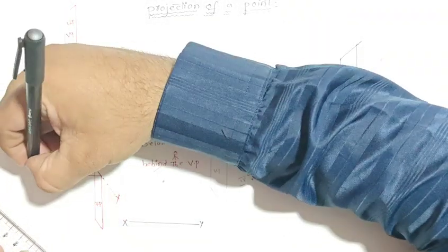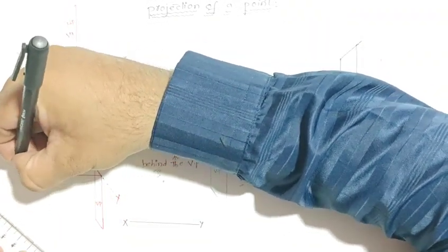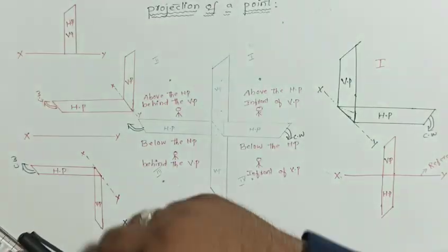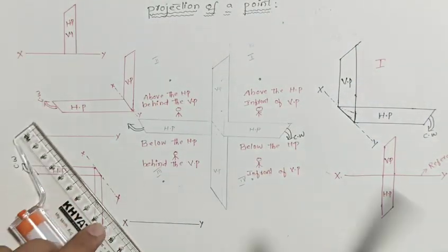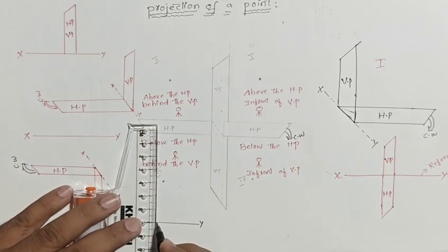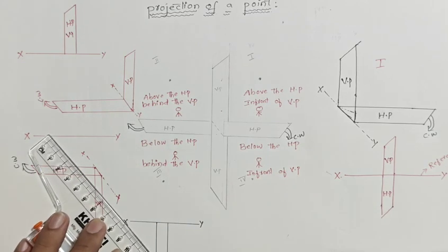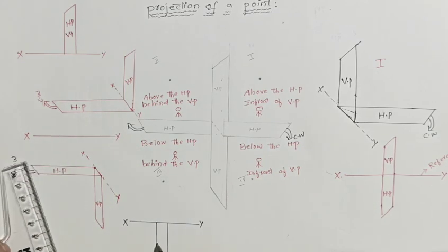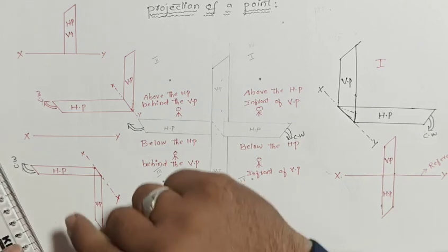Already I told you, this HP will rotate in which direction? Clockwise direction. So we can say that this HP is above the reference line. The VP remains the same. Who will rotate in the third coordinate?